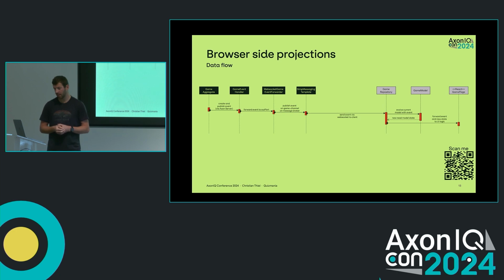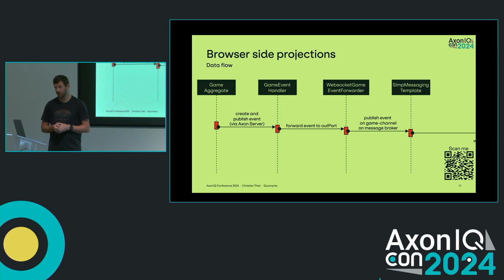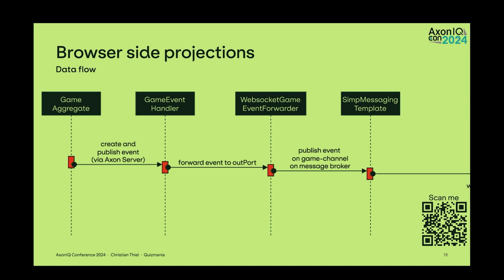Now that I have my events, I'd like to show the data flow from the back end to the front end. When an event is created in my game aggregate, it's first published into the Axon server.